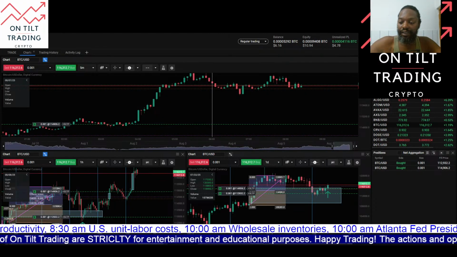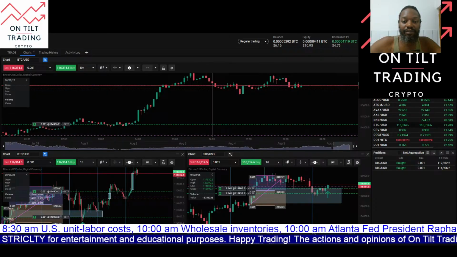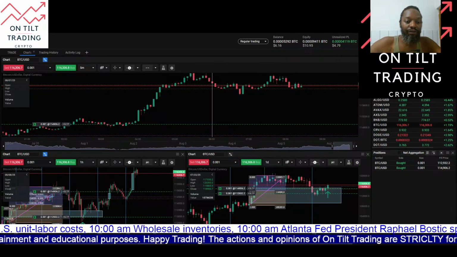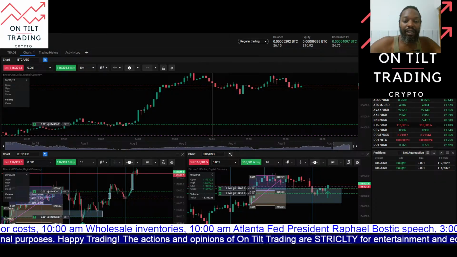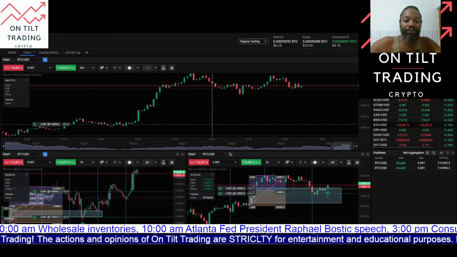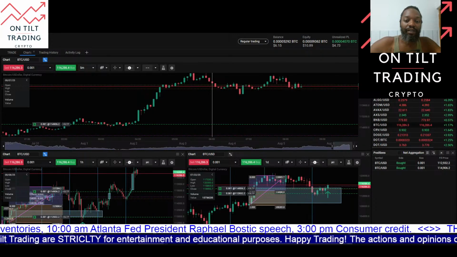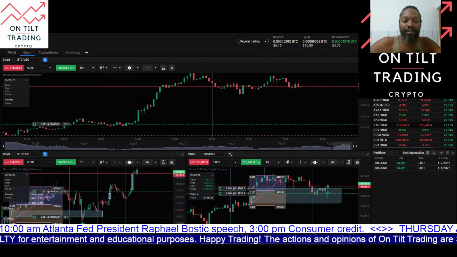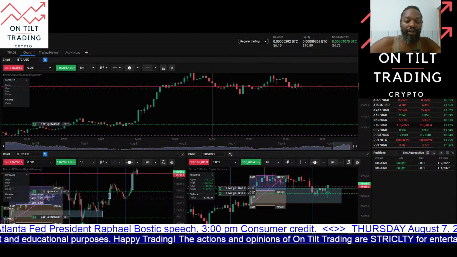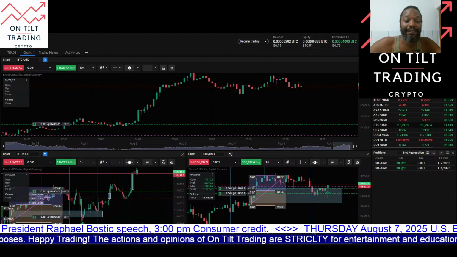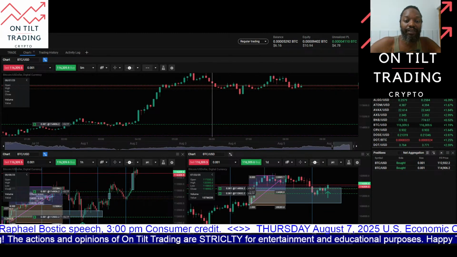I didn't take this position for a few reasons, but primarily this yellow line here is the opening price at 8:30 a.m. New York time. So price is below this, which is good. But in order to take a long, I need to see price trade below both of these levels.